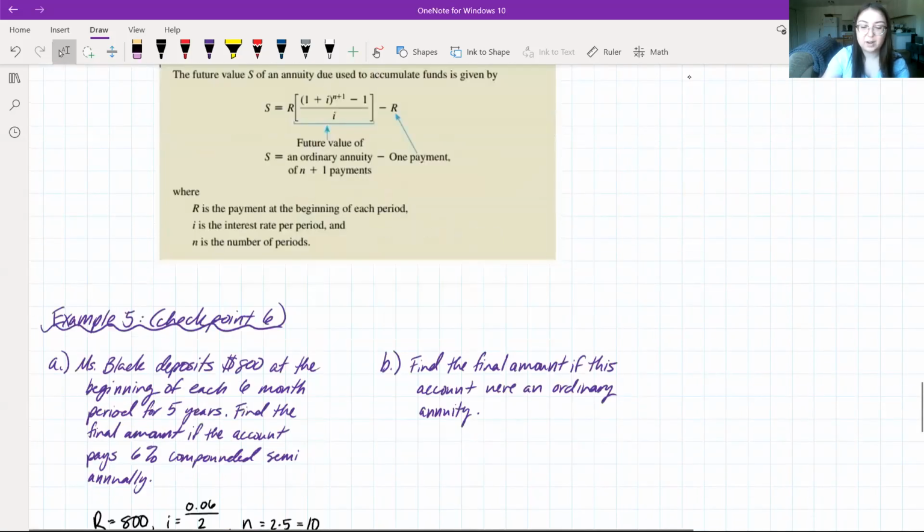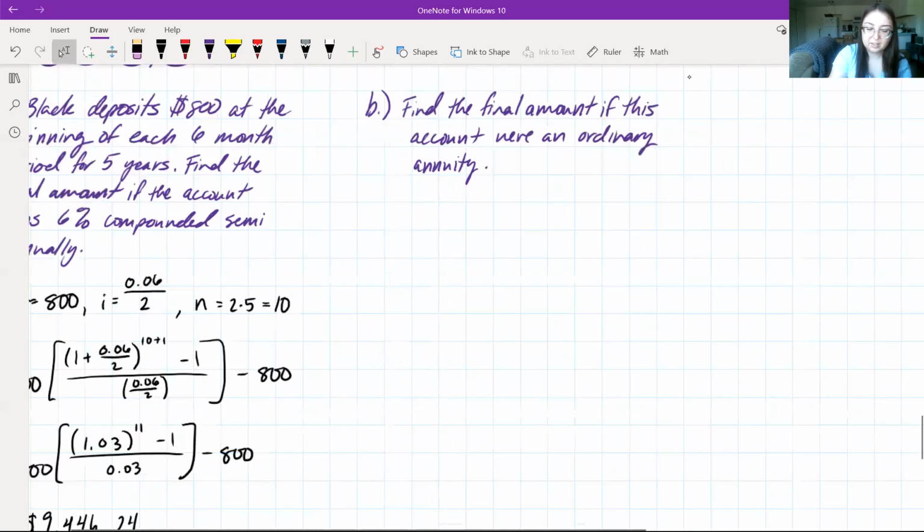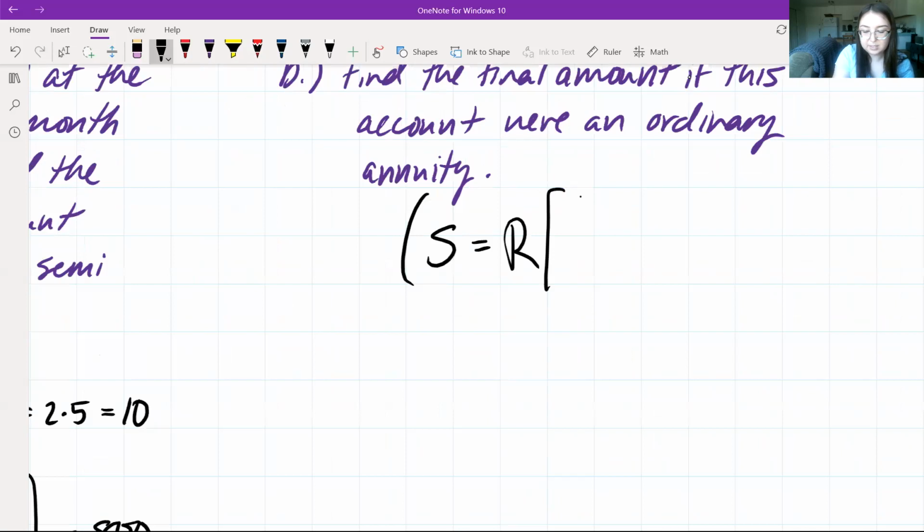So if we're finding the final amount of this account as an ordinary annuity, meaning paying at the end of each period, all we have to do is use the equation that we have been using. As a reminder, S is equal to R times (1 plus i)^n minus 1, divided by i.